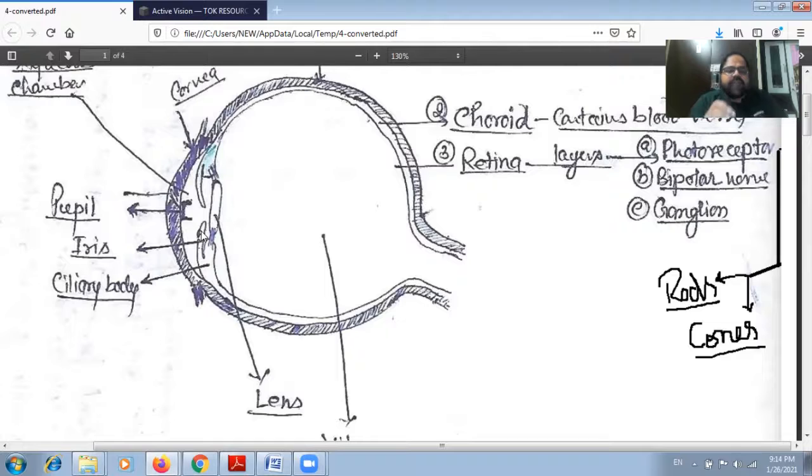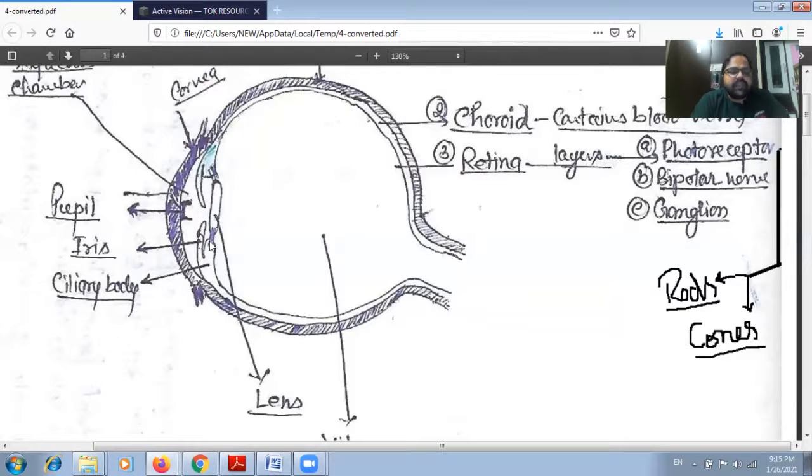It means the iris is the structure which makes an aperture through which light enters into the eye. As per the requirement, the muscles present in the iris will be contracted and relaxed, and it will continuously change the diameter of this aperture, which is called pupil.